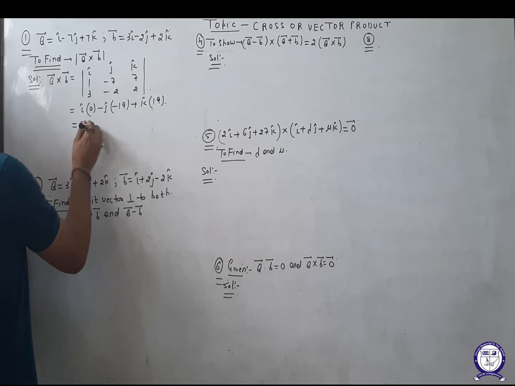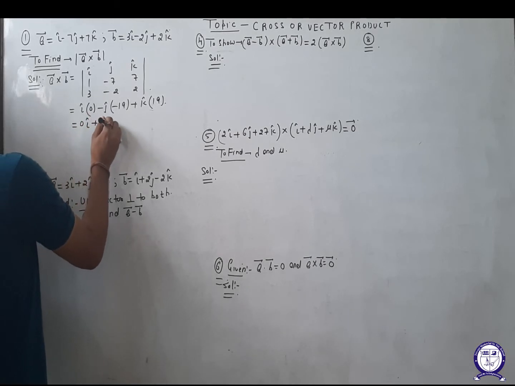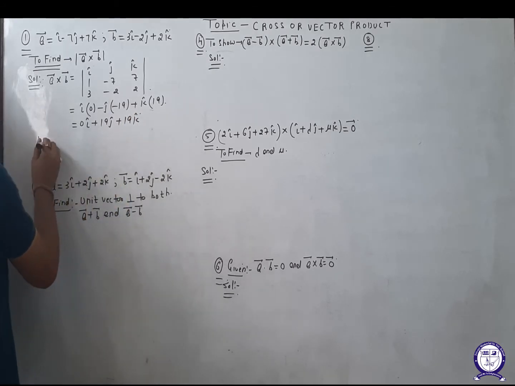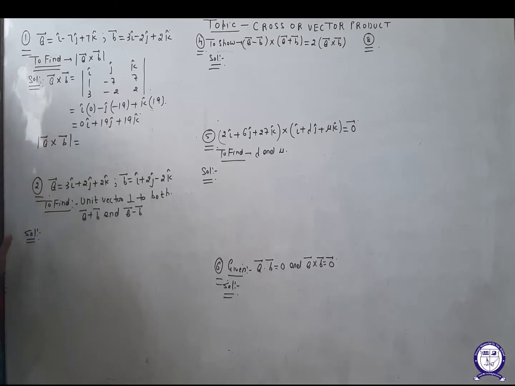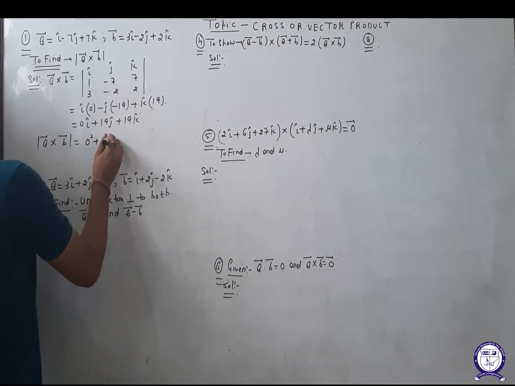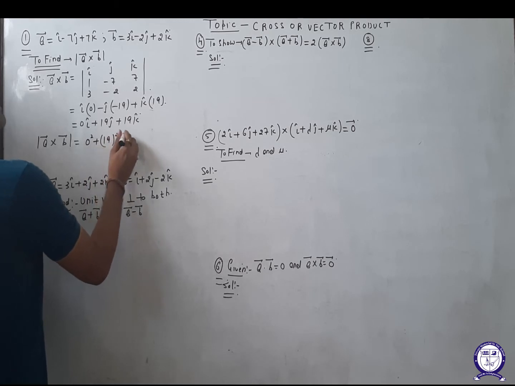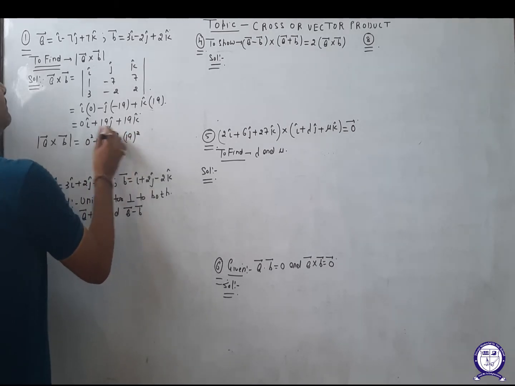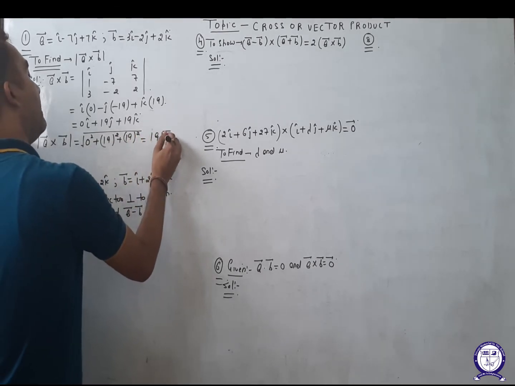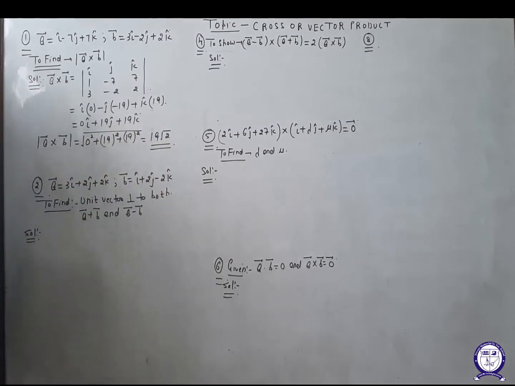Here is the vector: plus 19 j cap plus 19 k cap. We just have to get its magnitude. As you know, the magnitude will be the square root of the sum of squares of scalar components, that becomes 2 times, and 19 root 2 is my answer.